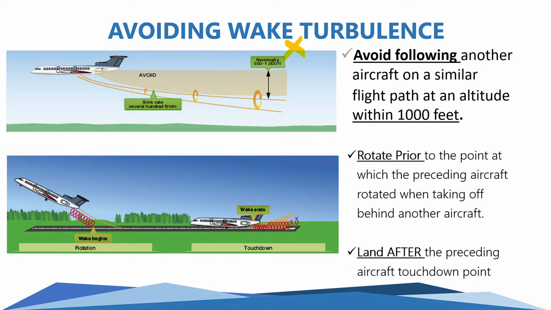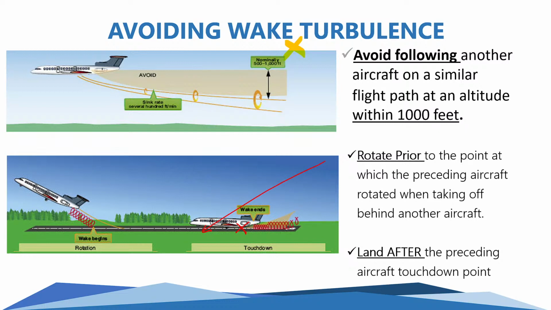And when we're coming in to land or coming in to take off, we have a couple different things that we can do to avoid it. As soon as that large aircraft comes in and the wheels touch the ground, lift stops being generated. So that's when the wake turbulence ends. So very simply, if you're following another aircraft in, the best thing to do is figure out where they actually touch down, and you want to land beyond the point that other aircraft touched down.